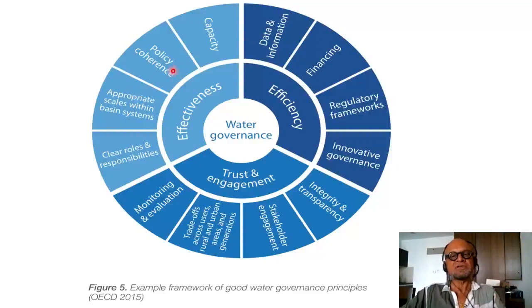Policy coherence, so that if multiple countries or multiple states or multiple towns, whoever is involved, have policies that are adding up to sustaining an effective, efficient use of the water resource, a common pool resource, let's say, and capacity. So the resource must have the capacity to serve all the needs and the users, and should be effective in meeting the needs in terms of the available capacity.